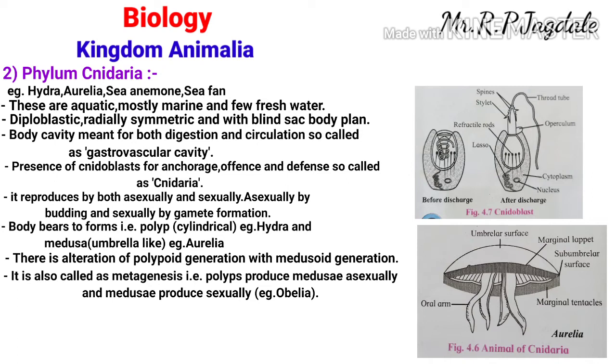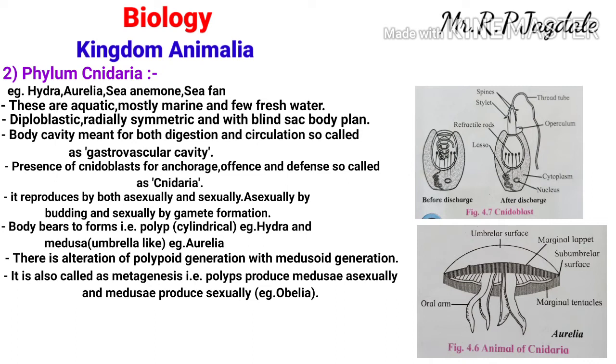So this is about the characteristic features of Cnidarian families. These are aquatic, mostly marine, few are freshwater. They are sessile, or free living. They are diploblastic, having two germ layers, radially symmetrical, with a blind sac body plan.